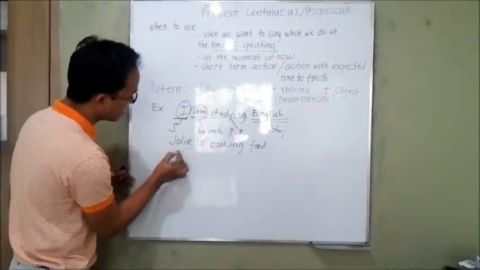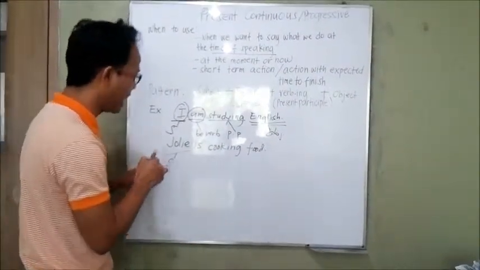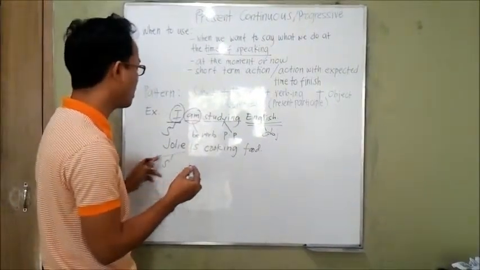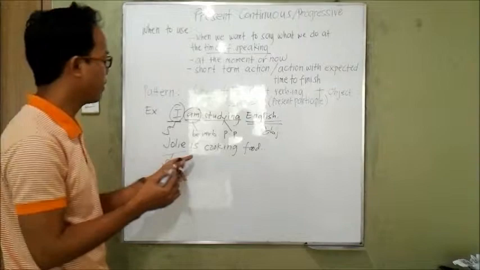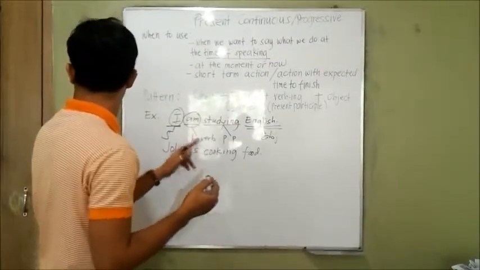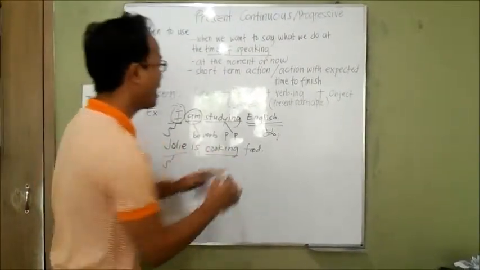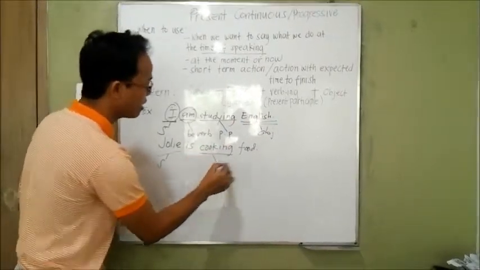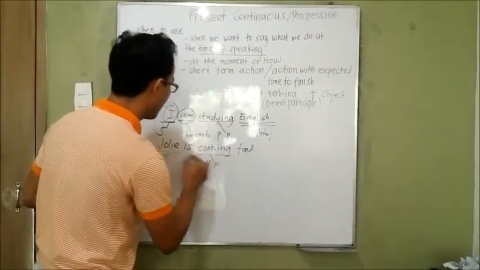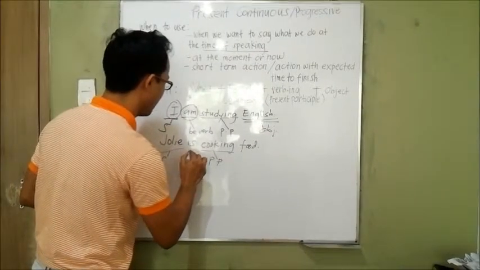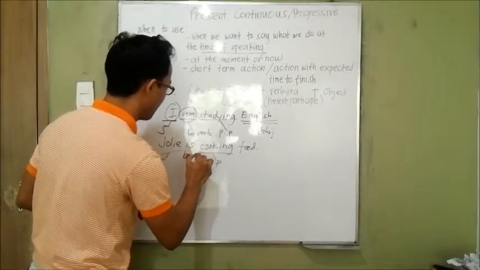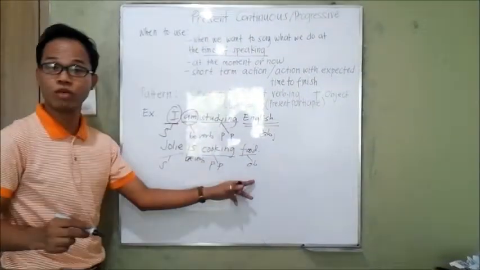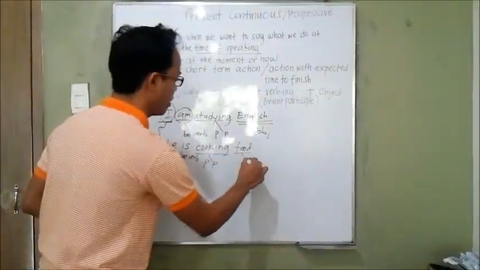We have the subject, Julie, which is a noun, and a be verb, is, because Julie is only singular, followed by the present participle form, PP, and then our object here, which is food.